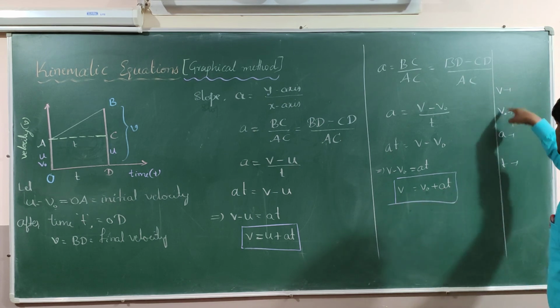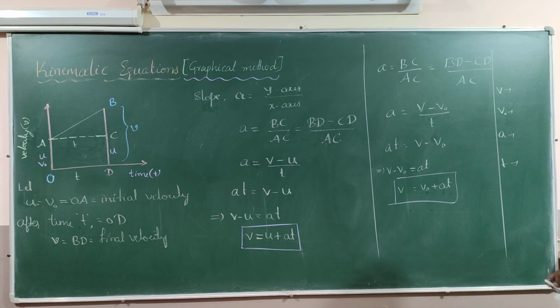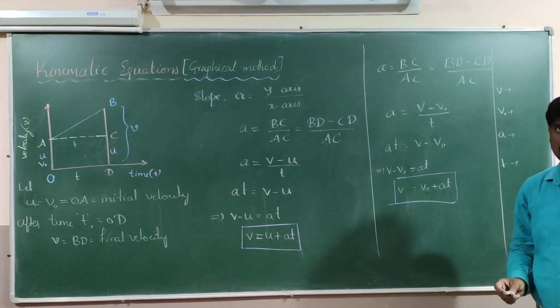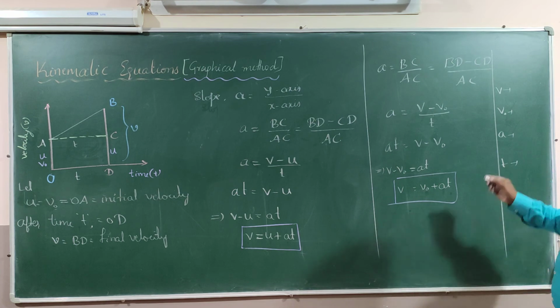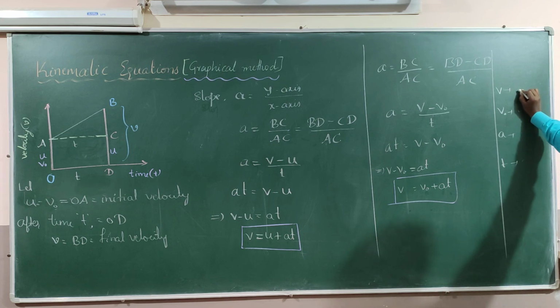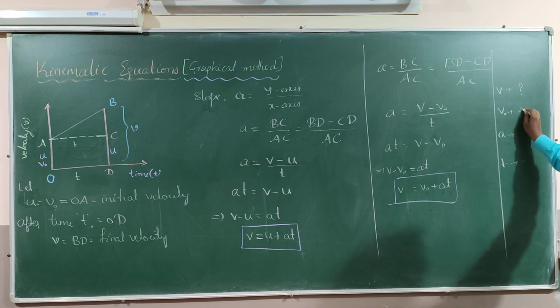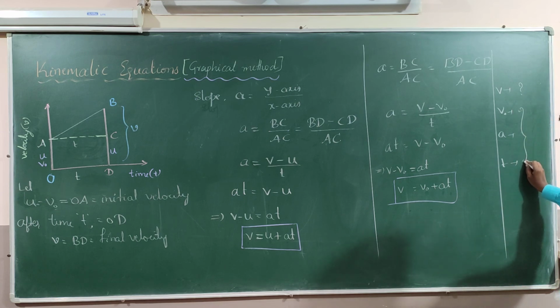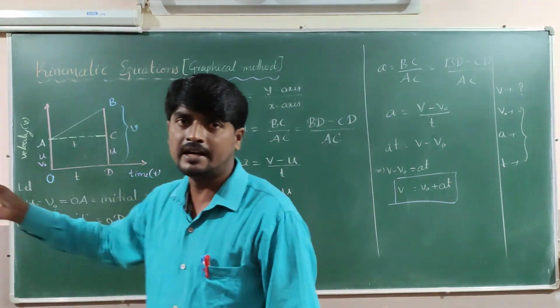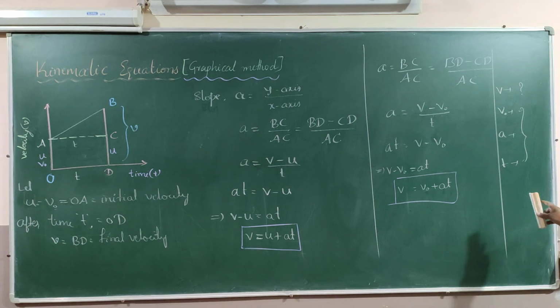Now, if they ask, calculate the final velocity of a car having some initial velocity, acceleration and time period, if they give acceleration, time period and initial velocity, then it is possible to calculate the remaining one. So if they ask any one term, they must give the remaining 3 terms. They may hide any one or ask any one, by giving the 3 known values. It may be in a direct way or it may be in a twisted way.